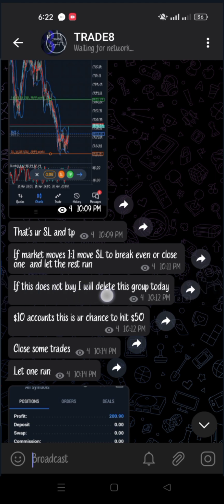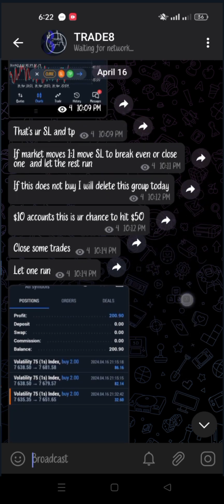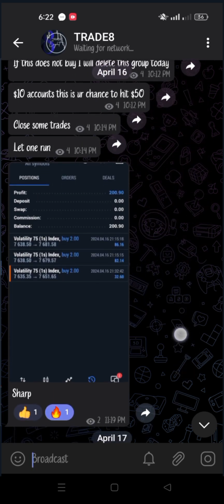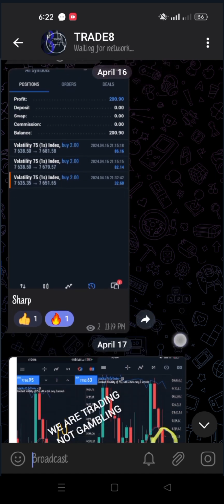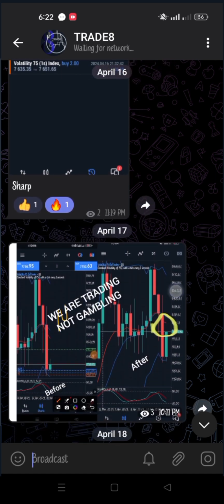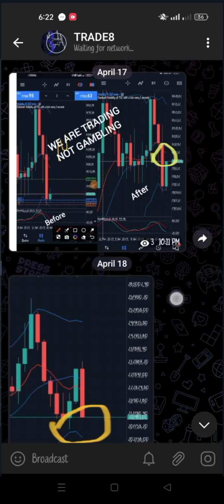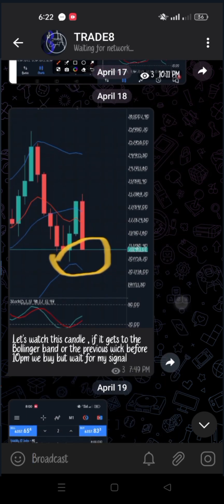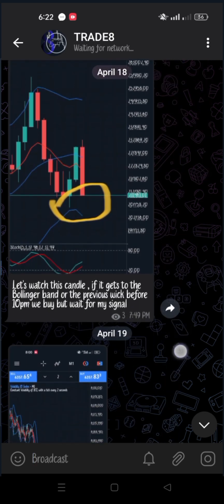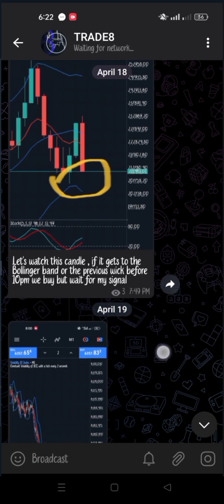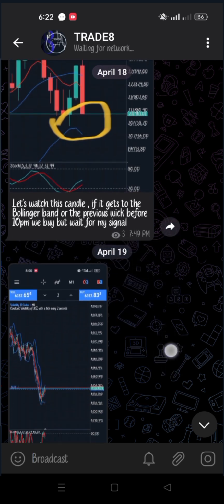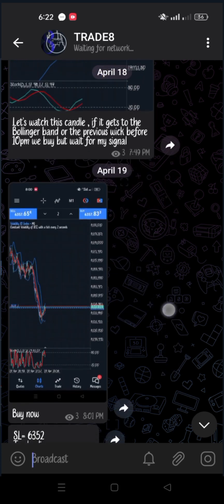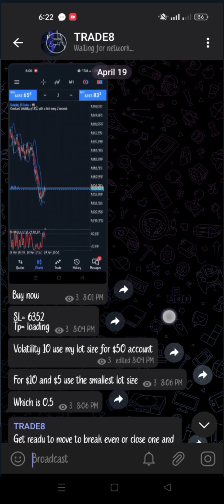The only problem I'm having with people on that Telegram is that they want this strategy. They want the signals all the time, which doesn't work like that. Especially when I'm using the 4 hours time frame for analysis and the weekly, it hardly gets to that zone. So when it gets to that zone, sometimes they are not online, or sometimes I might be busy or focused on the analysis I make.